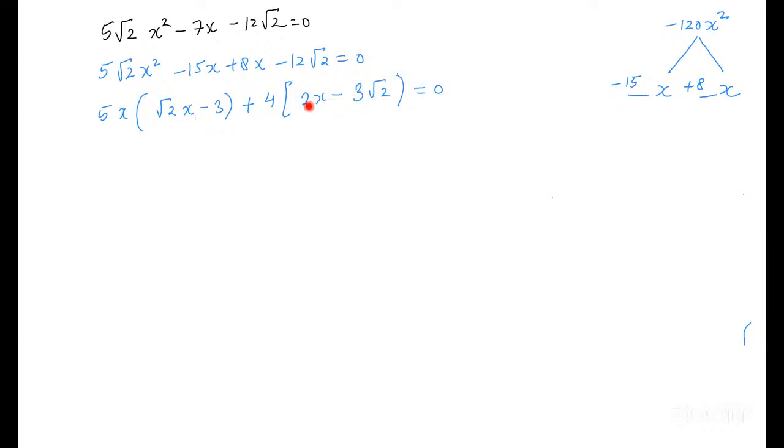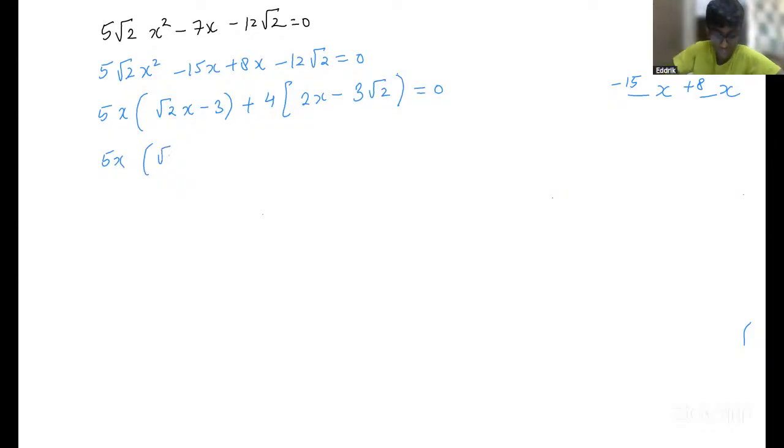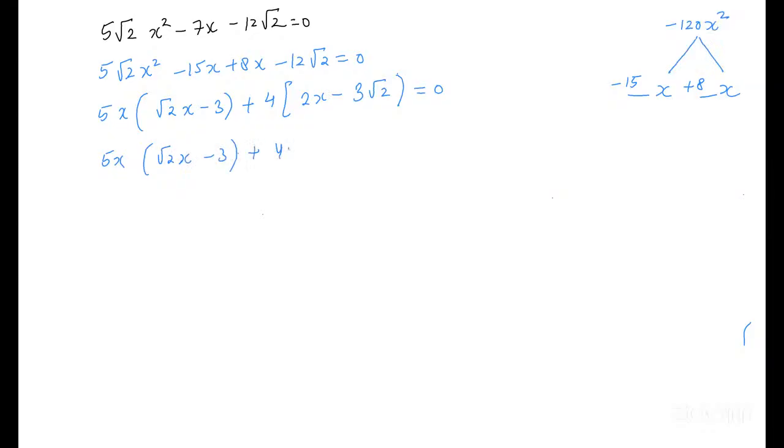So 2 can be written as root 2 into root 2. So I will take out one root 2 also. So it becomes 5x (root 2x minus 3) plus 4 root 2 (root 2x minus 3), so that I can get the same thing. So now (5x plus 4 root 2)(root 2x minus 3) equals 0. So these are the two factors.